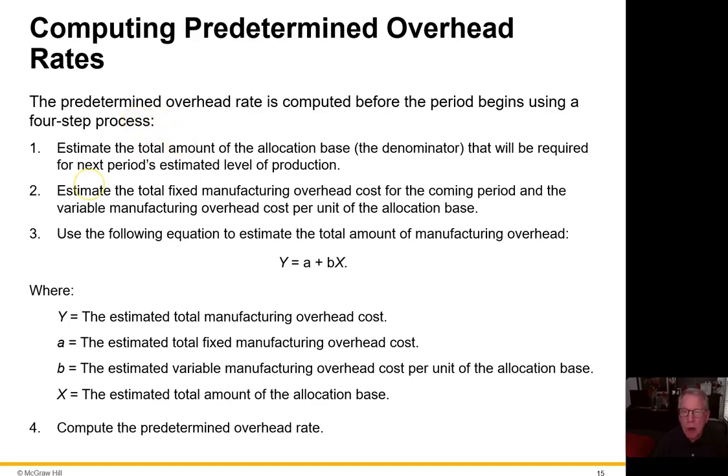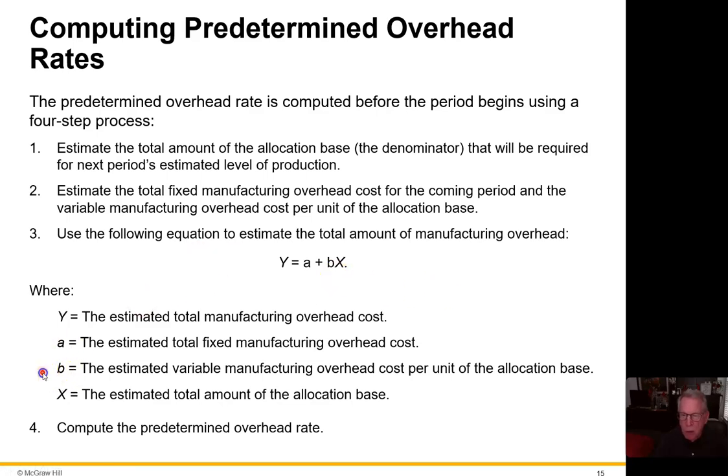And we use an equation to estimate the total amount of the manufacturing overhead based on the formula we went through in the prior video. So Y is the total manufacturing overhead cost. Alpha here is the estimated total fixed manufacturing overhead cost.